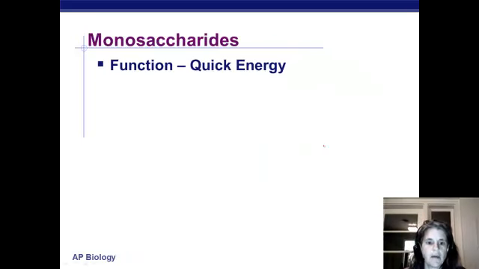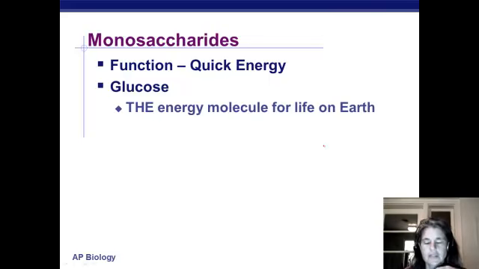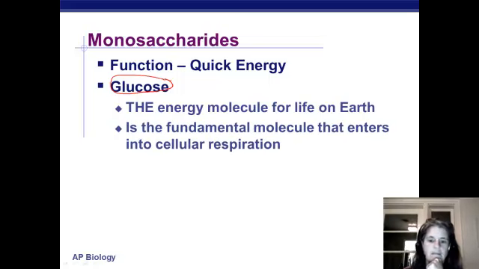Okay, so monosaccharides, we're going to kind of go through our different sugar types in some detail. The main function of a monosaccharide is to give you quick energy. Glucose is the best example for that. Glucose is the form of sugar that is most readily usable by human or any living thing's cells. It's the fundamental molecule that enters into the cell respiration process. You remember we've beat to death that photosynthesis makes glucose, cell respiration breaks it down.